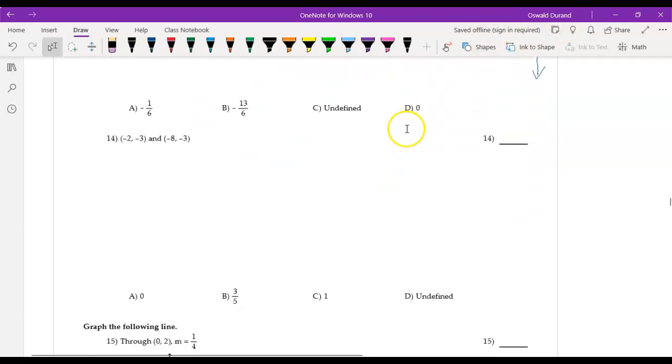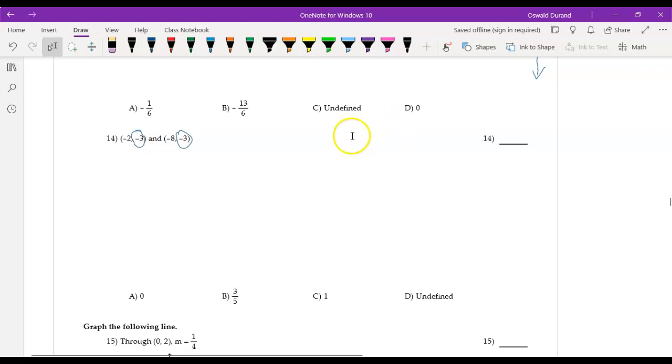Okay, if you were to do this one here, just by looking at the points, the y coordinates are the same. So that means that they're going to cancel out when we do the slope, on top, and the result is going to be 0.